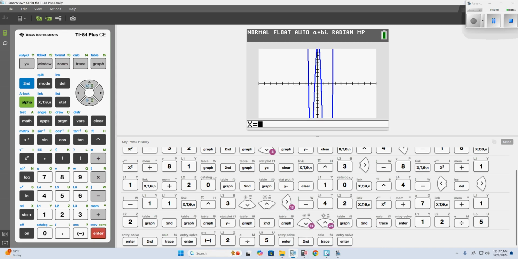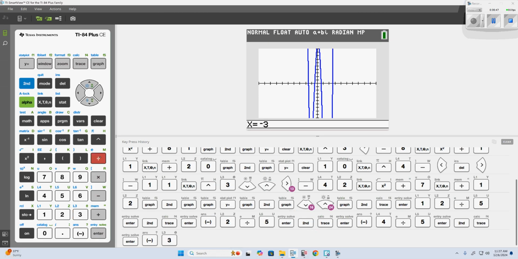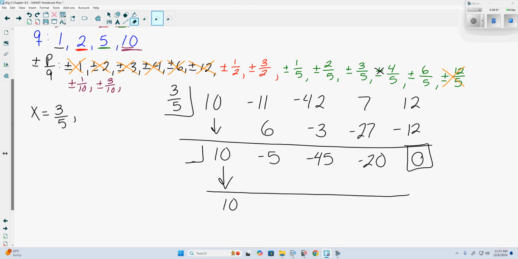Negative 2/5 didn't work. We could try, say, negative 4/5. That doesn't work. We're just using these values that we got here to try to find this value.